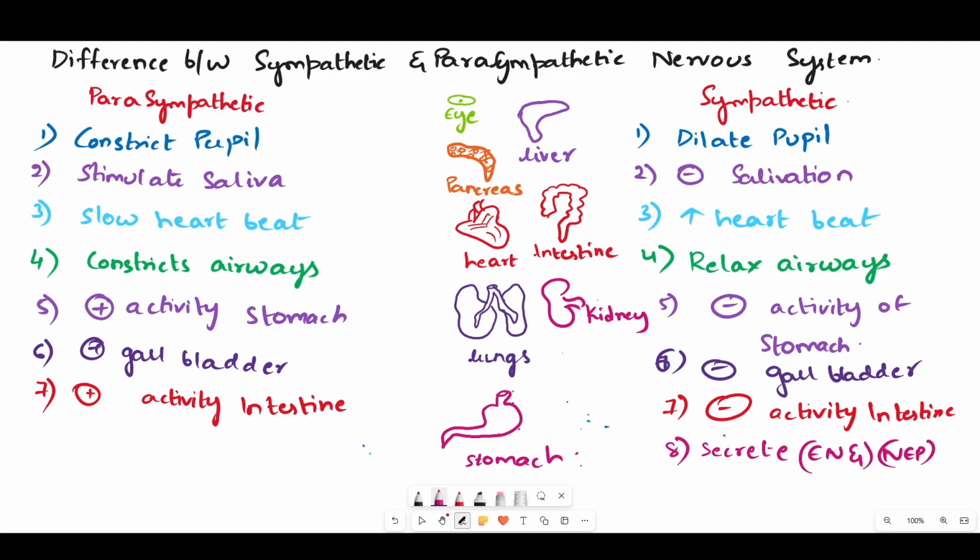So this sympathetic system will be secreting the epinephrine and norepinephrine. And the last one is the bladder. So coming to the bladder, the parasympathetic nervous system will be causing the contraction of the bladder, whereas the sympathetic nervous system will be relaxing the bladder.